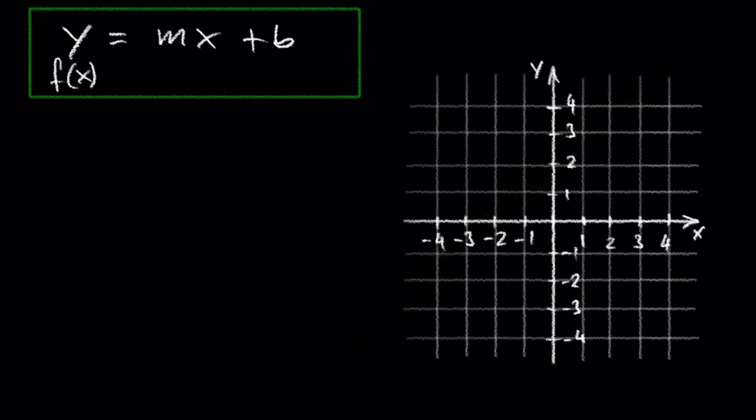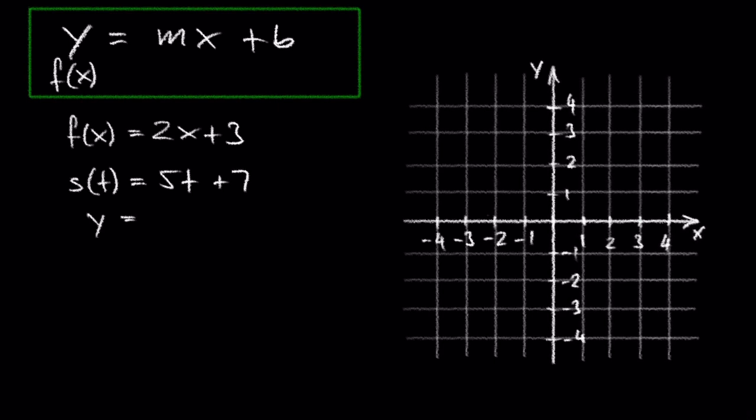Linear functions are, for example, f of x equals 2x plus 3, s of t equals 5t plus 7, y equals negative 3x plus 1, g of c equals c plus 3. Note that the exponent on each variable is 1.